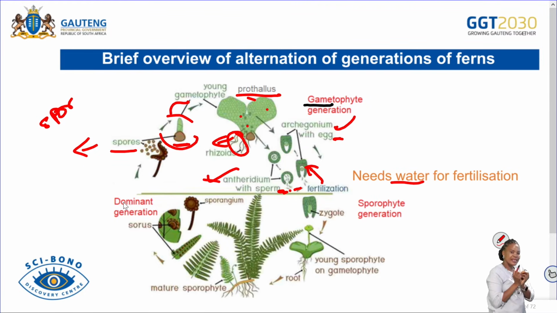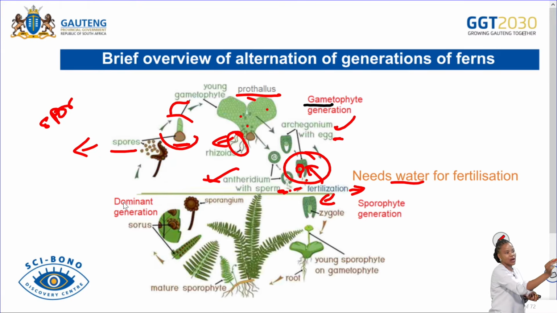Remember, the archegonium is the female reproductive part. They swim into the archegonium so that these sperm cells can fuse with the egg cell, which is inside the archegonium. And that process, remember, is called fertilization.